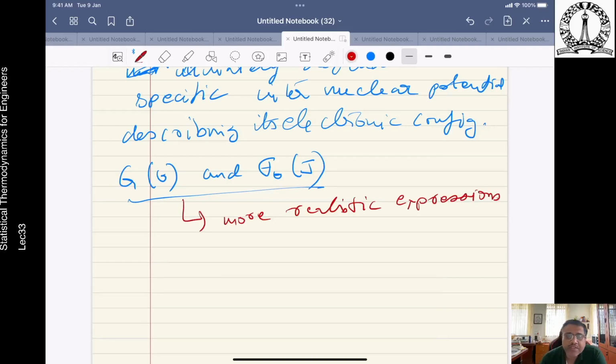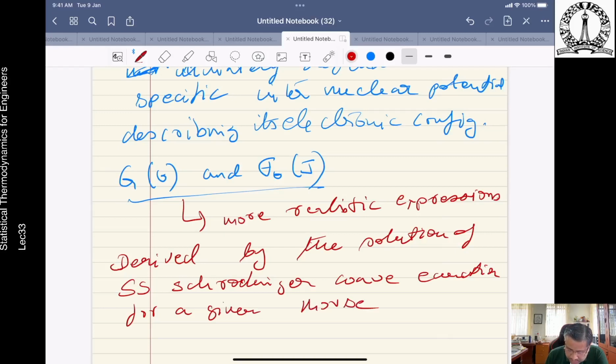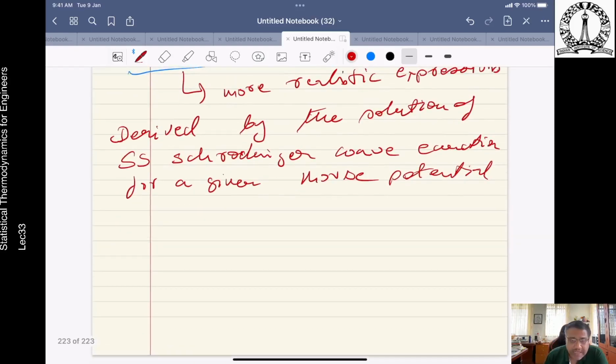These can be derived by the solution of the steady state Schrodinger wave equation for a given Morse potential. So that is what we need to do.